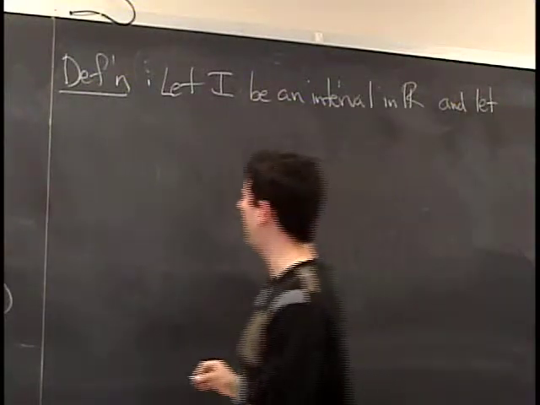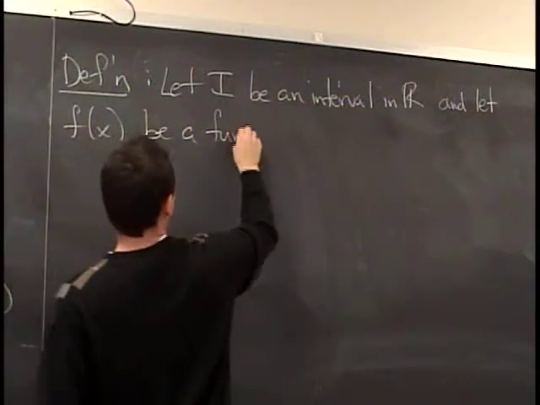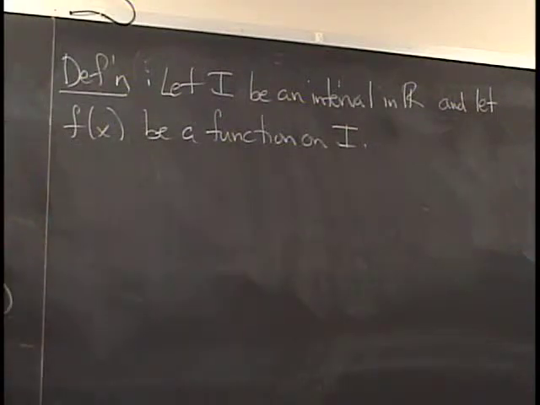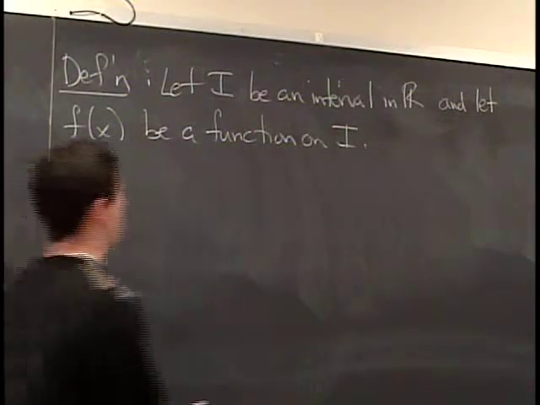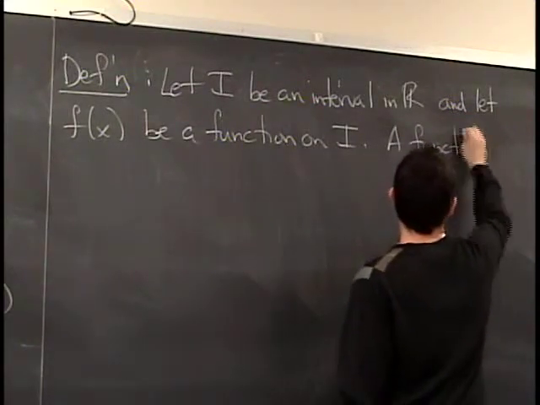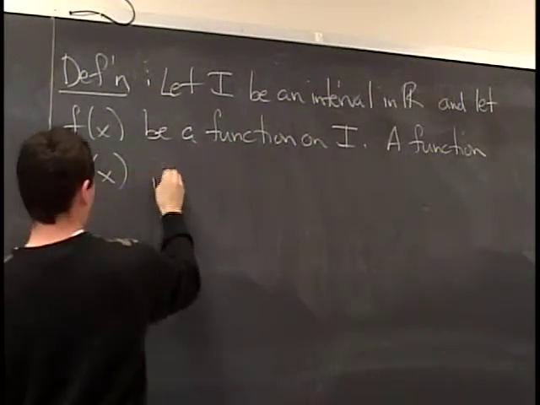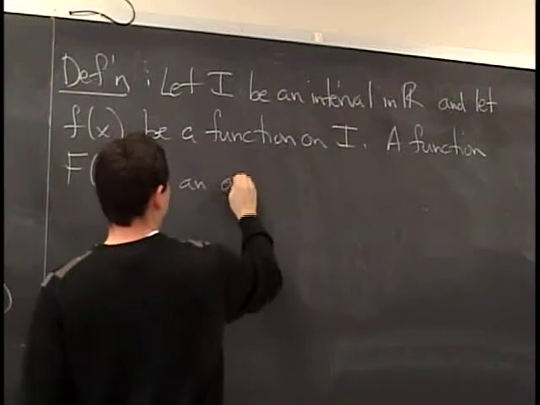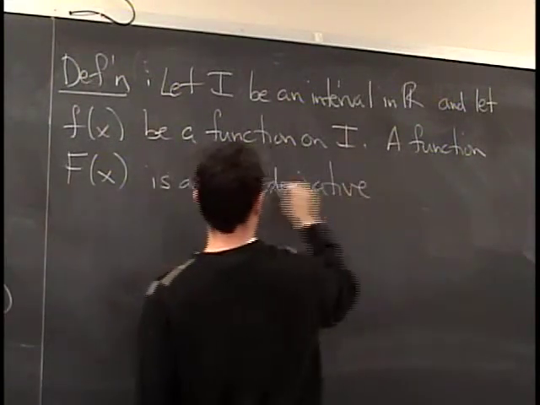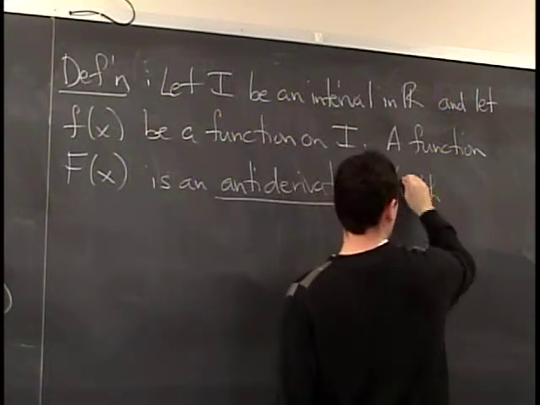And let's let f of x be a function on that interval. A function capital F of x is an antiderivative, and in parentheses, let me write with respect to x.